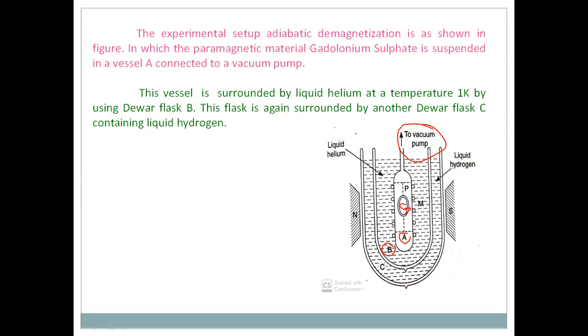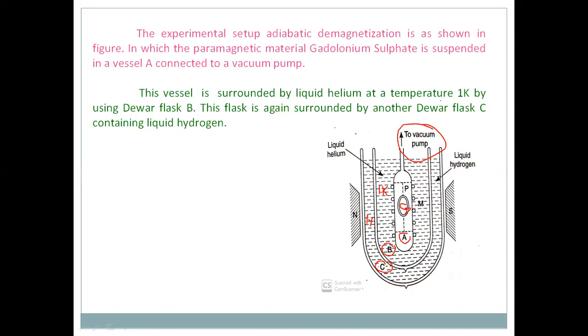This vessel contains liquid helium at 1 Kelvin temperature. It is nothing but liquid helium at a very, very low temperature. Of course, vessel B is surrounded by one more Dewar flask, that is C. It is filled with liquid hydrogen, so the temperature in vessel C is also very low.